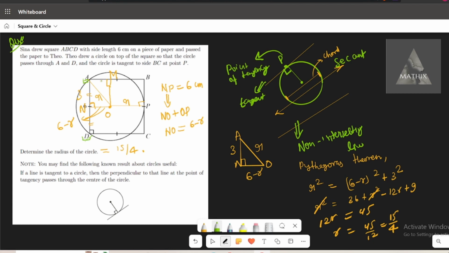We can say that since AD is a chord, ON, which is perpendicular to AD, will be bisecting it. It is a property of the circle. Let me write it over here.